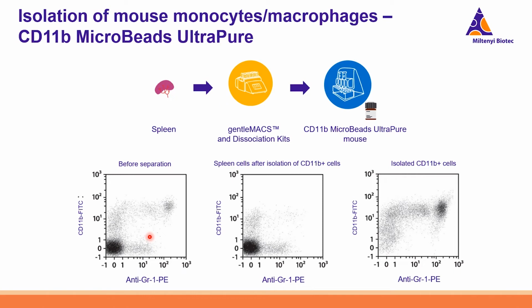In the first dot plot, you see the cells before separation. The second dot plot shows the flow-through without the CD11b positive cells that are retained in the column. And the third dot plot shows the isolated CD11b positive cells.